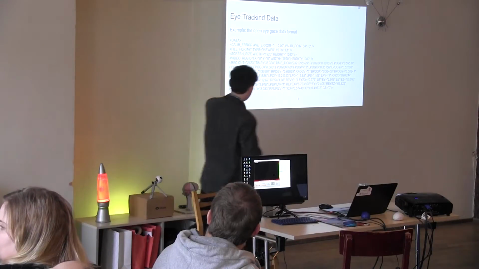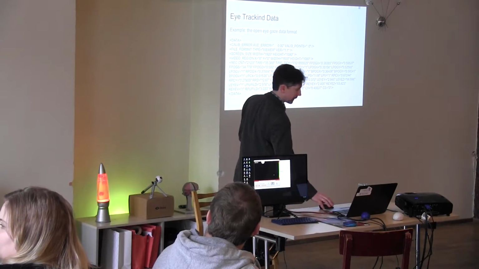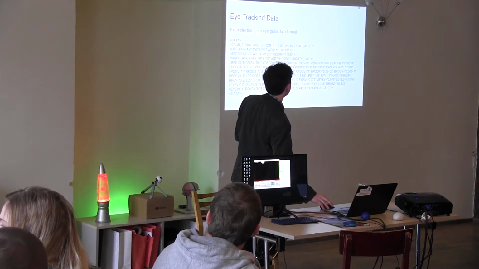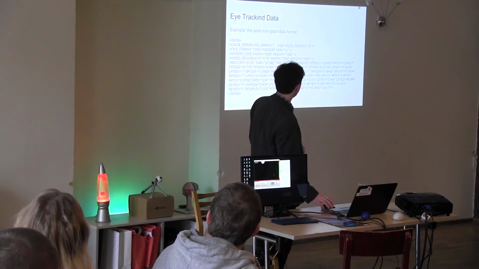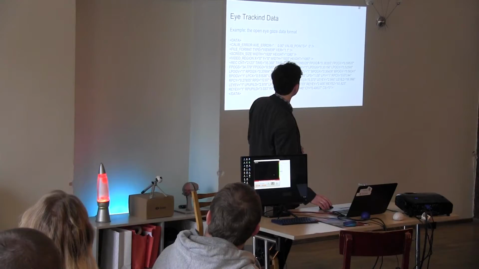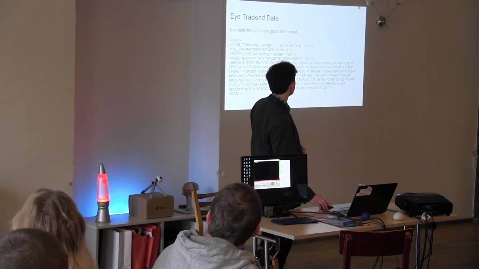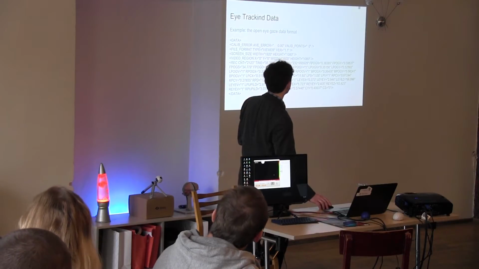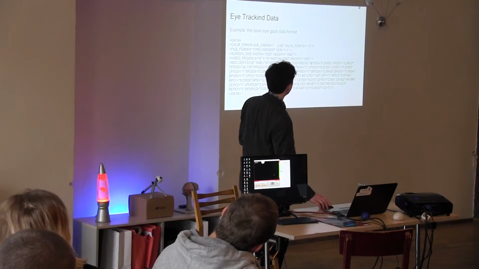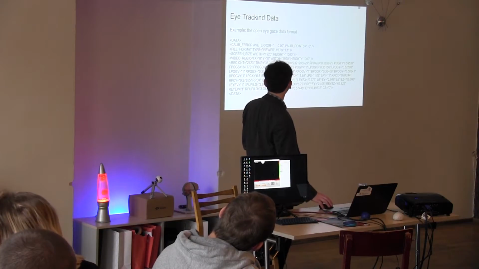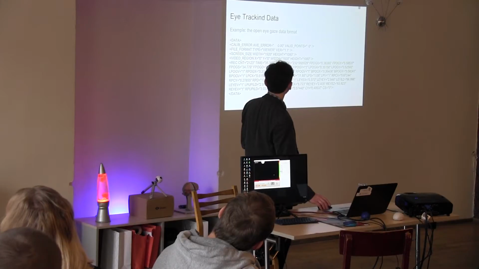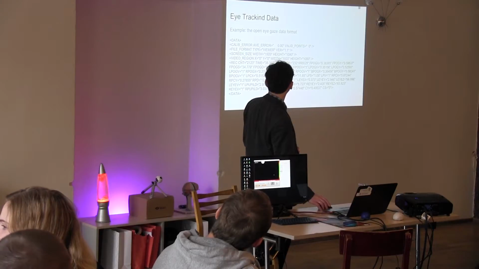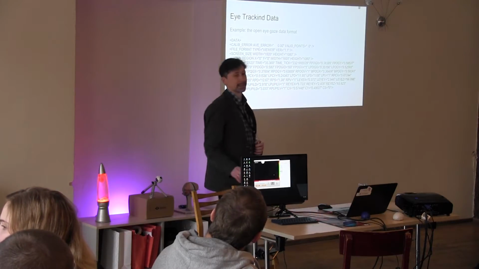Oh, let's go to the data, because time is pressing on. Time, of course, and POG always means point of gaze. If POG is followed by X, it's coordinate X, and Y corresponds to coordinate Y. Then let's go to the LPOGX, and then there is RPOGX.